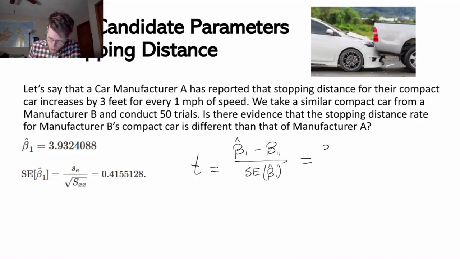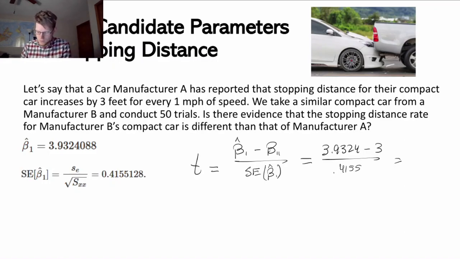So this is going to be 3.9324, I'll just stop there, minus 3, divided by 0.4155, and again I'll stop there. And so I'm going to get 0.9324 in the numerator divided by 0.4155. And I get 2.244 for my t-value here.